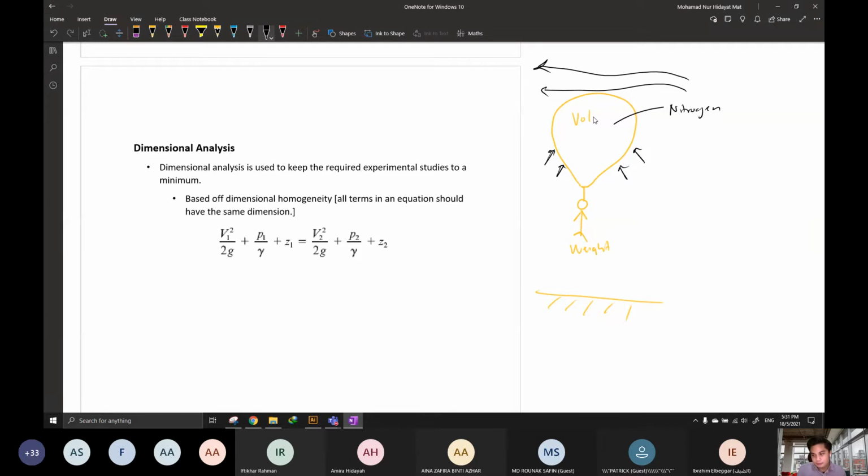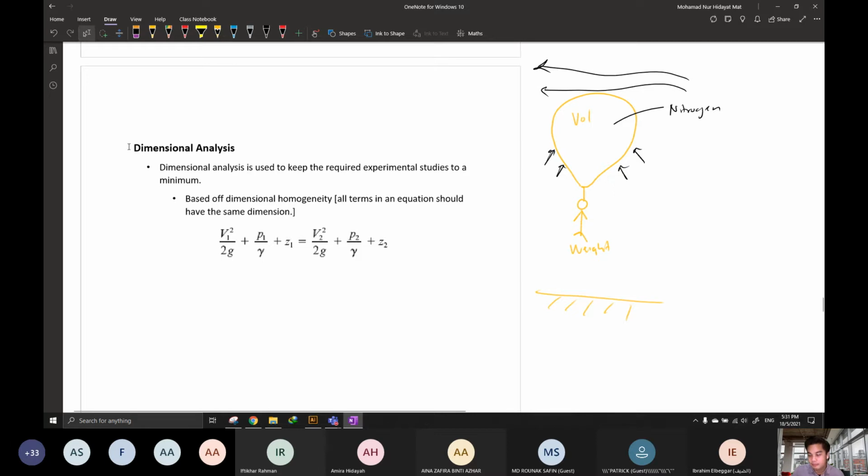Maybe it will take 50 years to complete your experiment. So it is a waste of time, because your result you cannot apply to other applications. Maybe your result can apply only to a specific case.